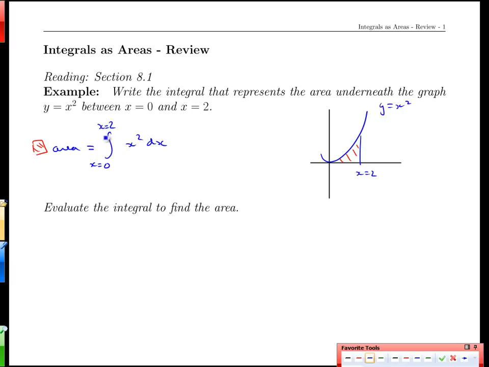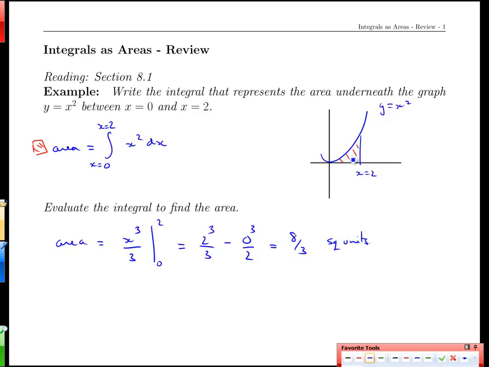Let's do that here. So the area we want is given by the integral of x squared dx, and so the area will be the antiderivative, x cubed over 3, between 2 and 0. Then we plug in the upper, and plug in the lower, and subtract, and we end up with 8/3 square units.